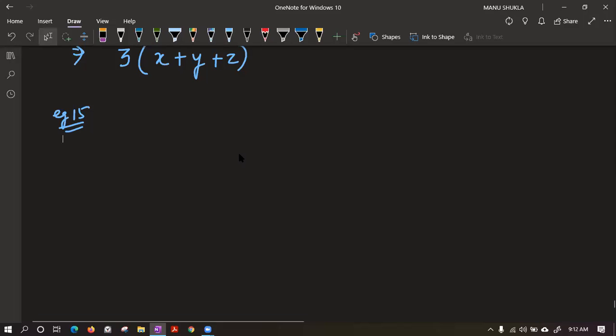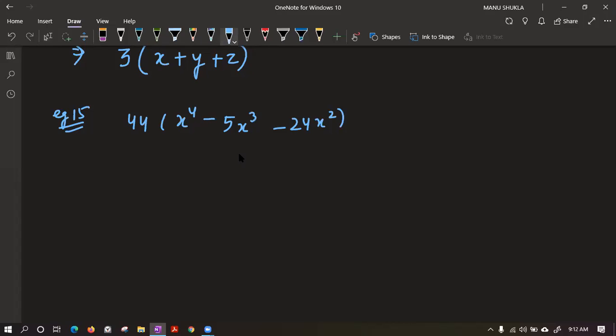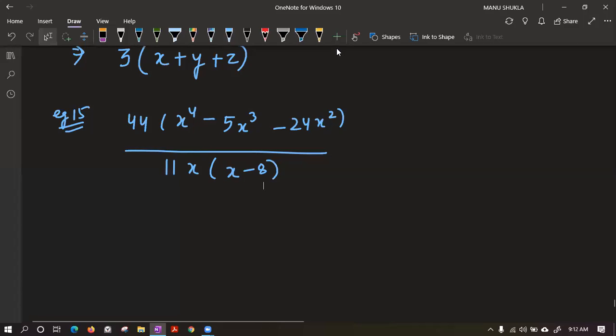So the question is: divide 44 x power 4 minus 5x cube minus 24 x square upon 11 x minus 8. Now class, tell me, what should we do?